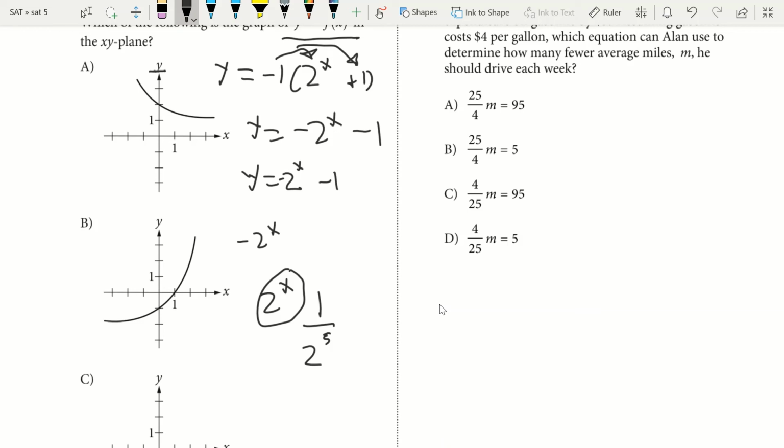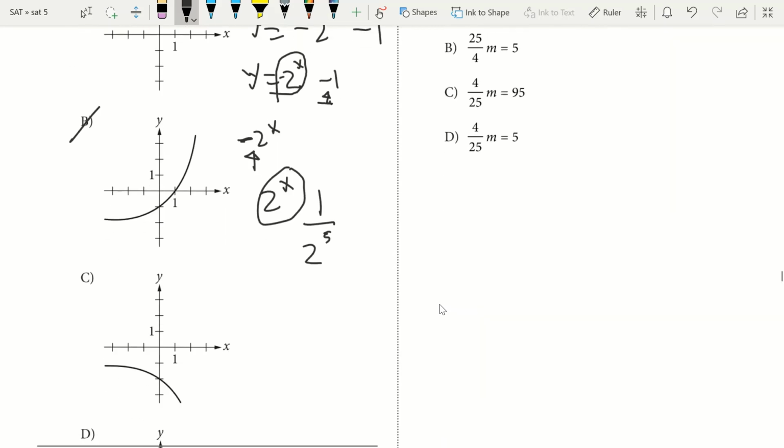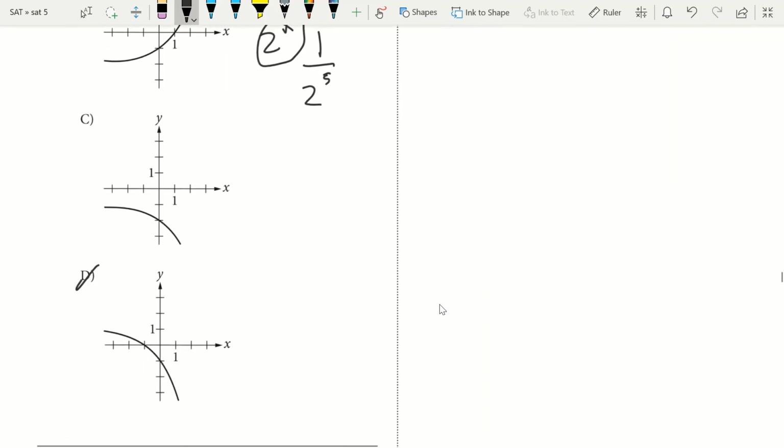It will always be positive, it can't go negative, but in this case it is multiplied by -1. So it will always be negative, it will never switch. So we'll always have this value, our -2 to the x, being negative, and then we always have that -1, as shown above right here. So we know our answer will always be negative. So any answer that goes positive can go ahead and be eliminated. And now we are just left with C.